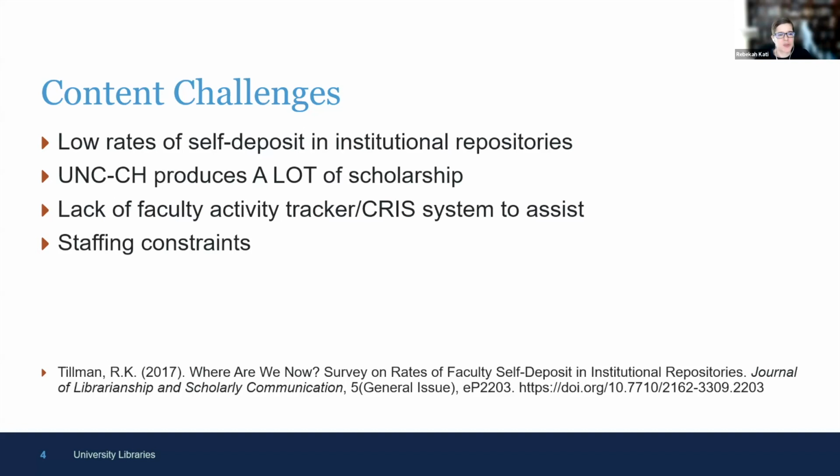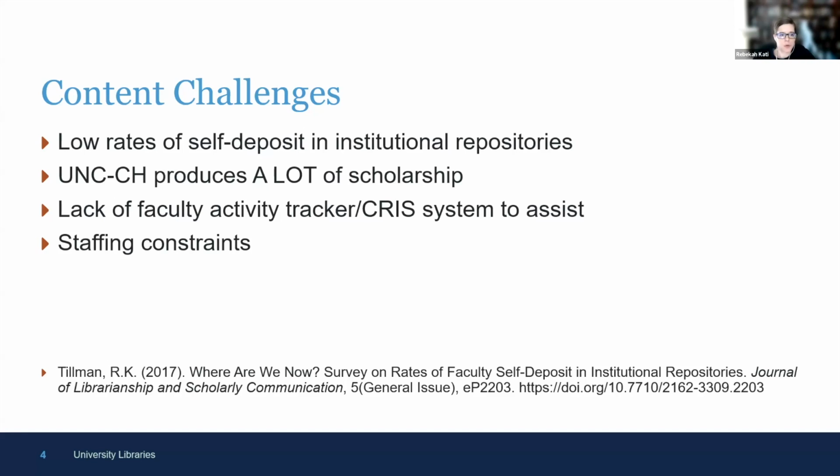UNC also produces a lot of scholarship. It's really hard to keep up. We're Research One, we have a med school, and oh boy, are our faculty prolific in their publications. I did a search for publications in 2023, and we have almost 10,000 articles published in just that year. So that's the scale we're talking about here.